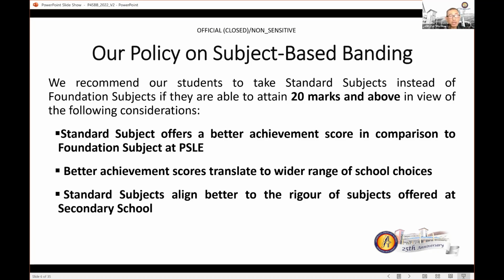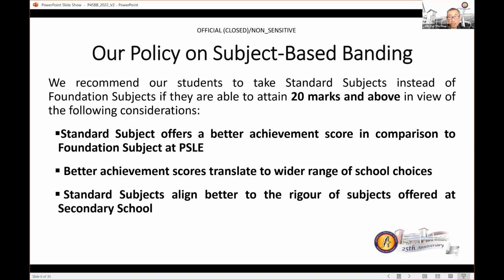And the secondary schools' cutoff AL score will be this total AL score. So the better the child's AL score, the wider range of school choices our children would have. So that would offer another reason why we would want to keep them in standard subjects.